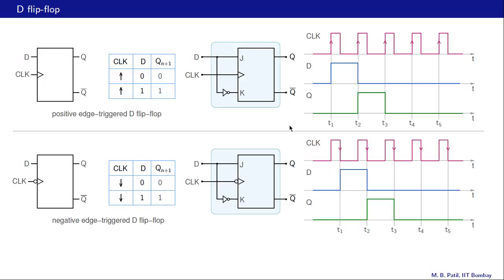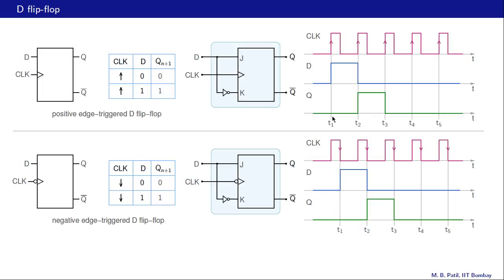Let us look at these waveforms now to understand the operation of a D flip-flop. This is our clock waveform, and the active edge is marked with an arrow. In this case, it's a positive edge. This is our D input, and let us see what happens as a result of this input. At T1, we look at the D value just before this active edge, and we find that it is 0, and therefore the Q output just after T1 is going to be 0, and then of course it does not change until the next active edge arrives.